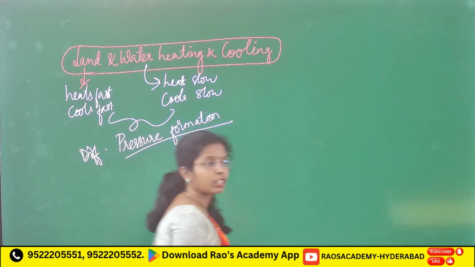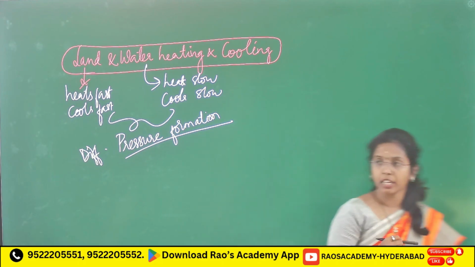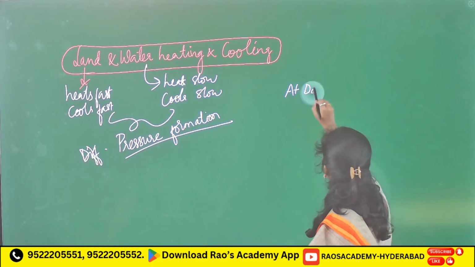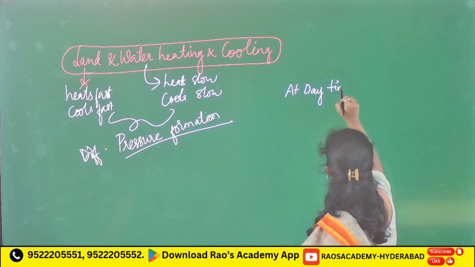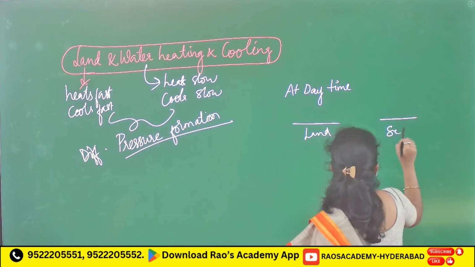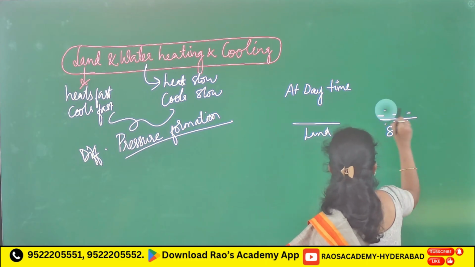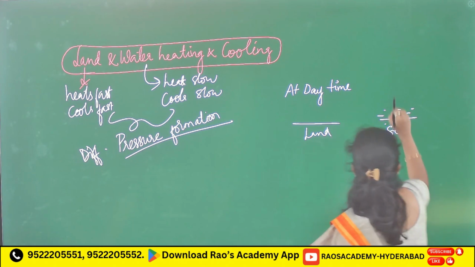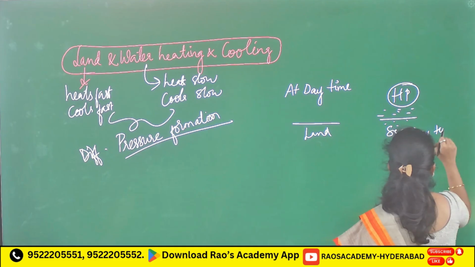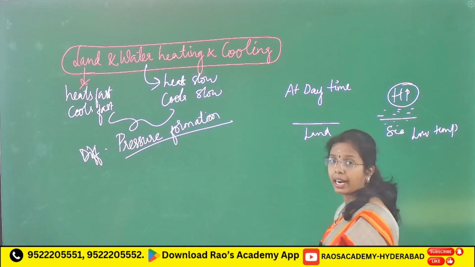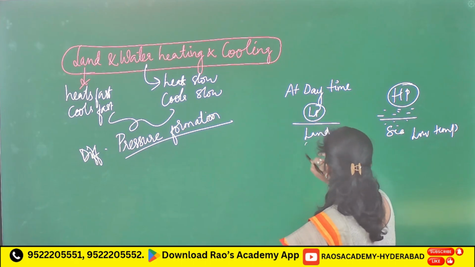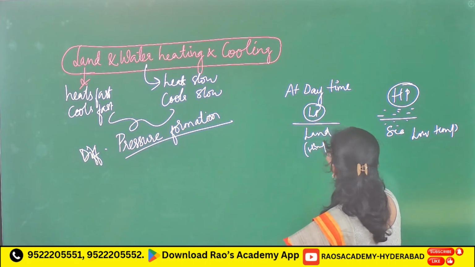Because of this differential pressure, what you will see at daytime, for example this is land, this is sea. Here you will see high pressure because of low temperature. Here land heats fast, here you will see low pressure, high temperature.